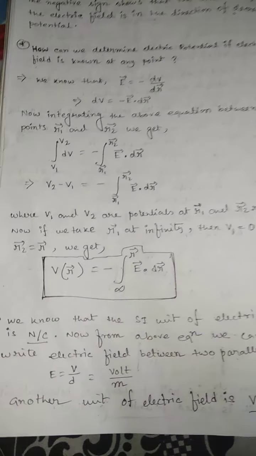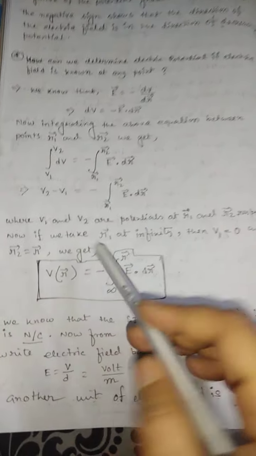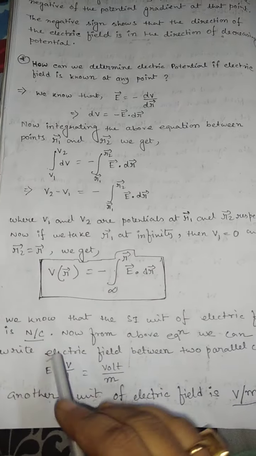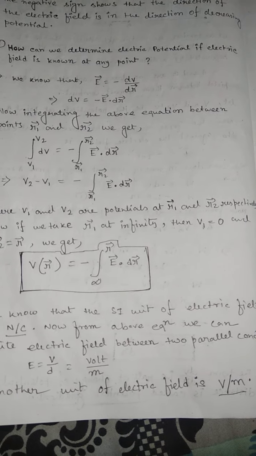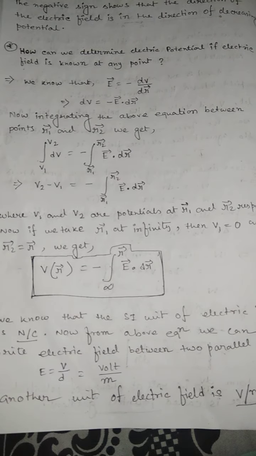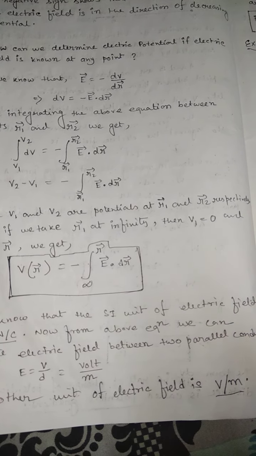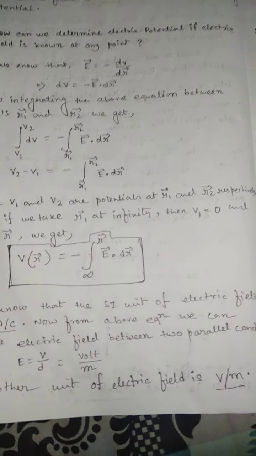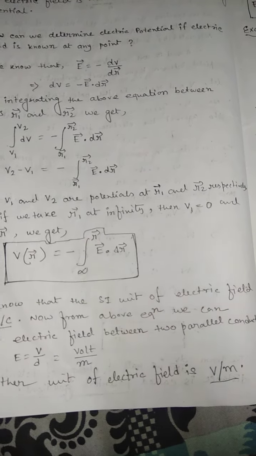Normally, if we consider two parallel conductors, from this expression we can write the electric field between them as E equals V by d. In the first chapter, where we discussed the definition of electric field, we learned that the SI unit of electric field is Newton per Coulomb, because E equals F by q.